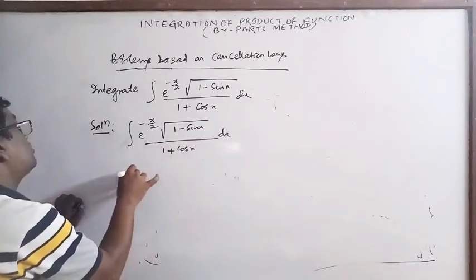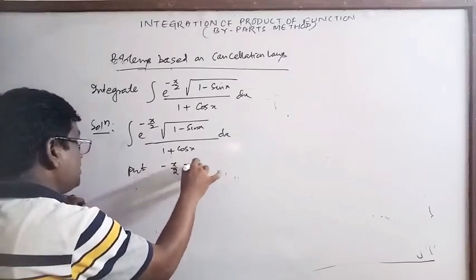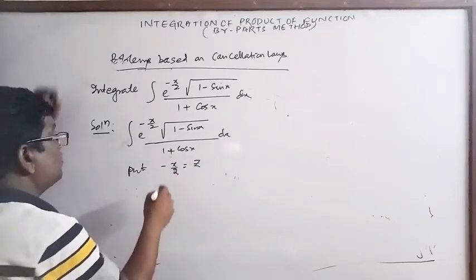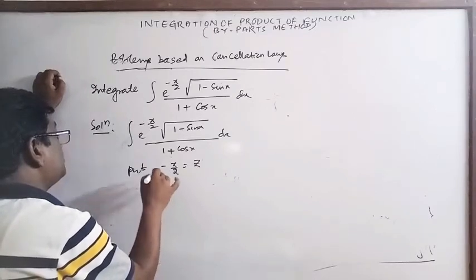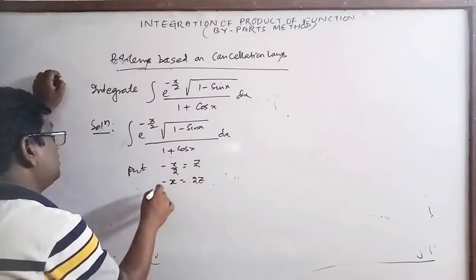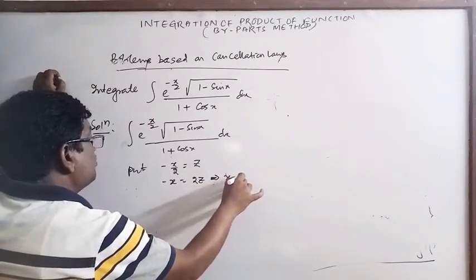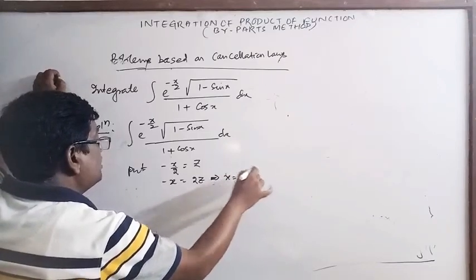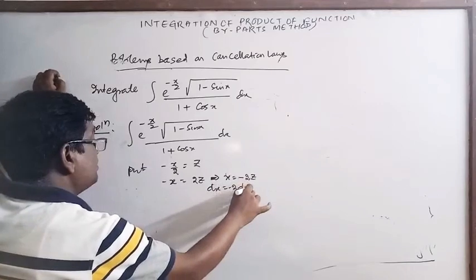Here put minus x by 2 equal to z. So minus x is equal to 2z, that is x is equal to minus 2z. So dx is equal to minus 2 dz.